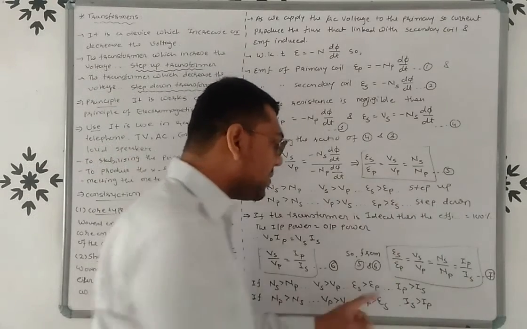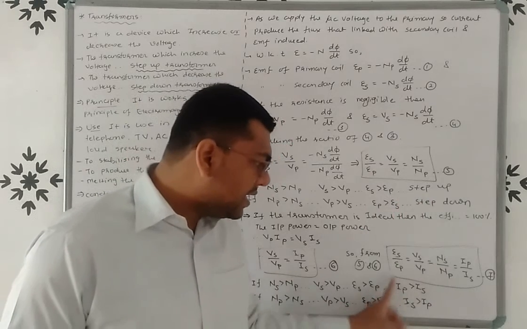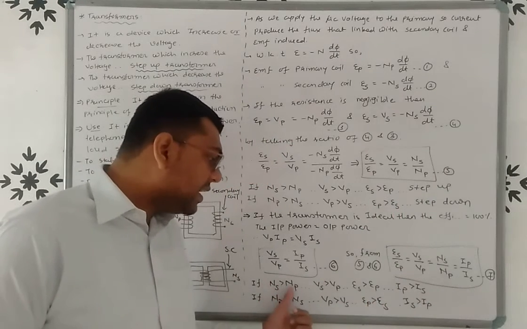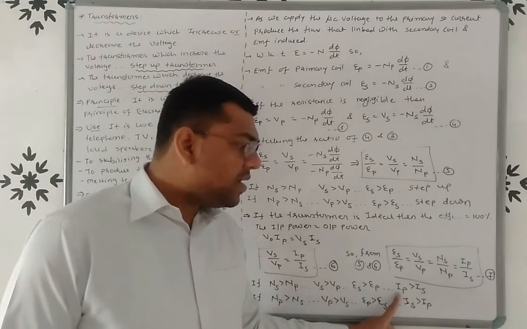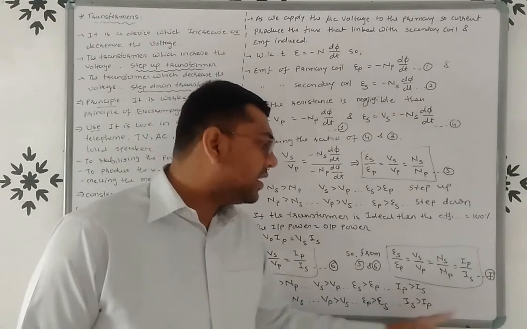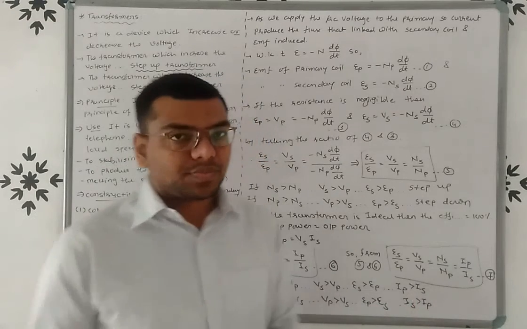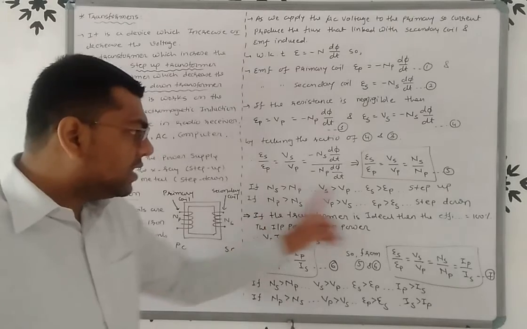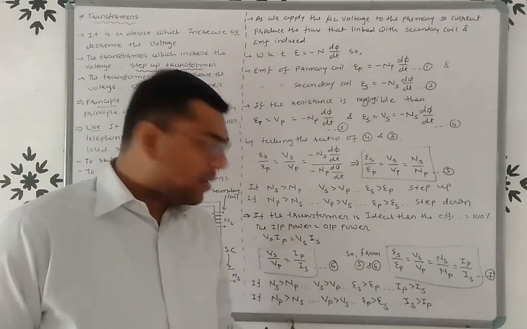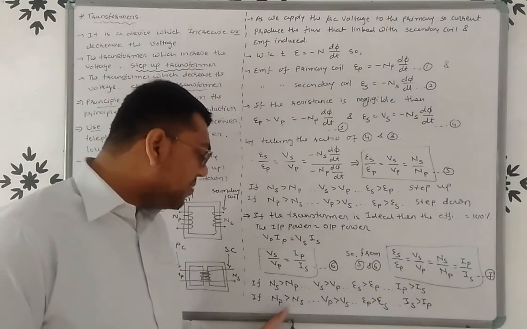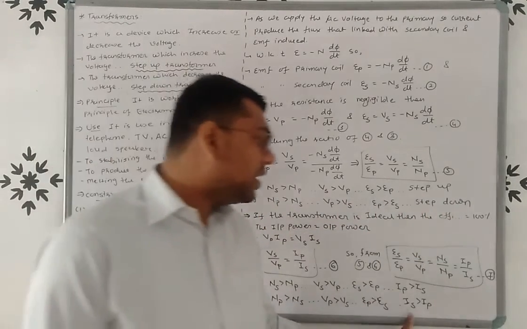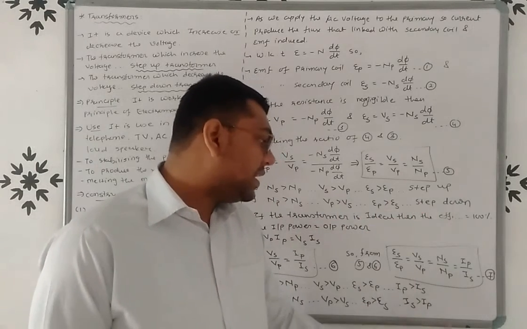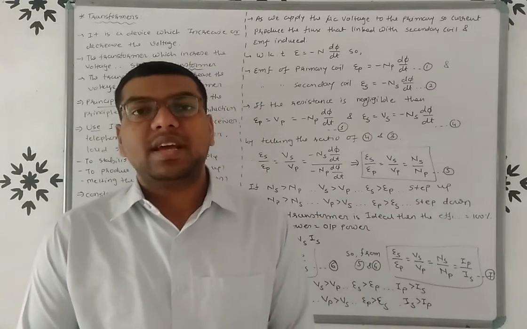Already we saw this, the step up transformer. But in this condition, if Ns greater than Np, then current in the primary coil is greater than current in the secondary coil. And if Np greater than Ns, then there is a step down transformer. But in this condition, if Np greater than Ns, then current in secondary is greater than current in primary, right?